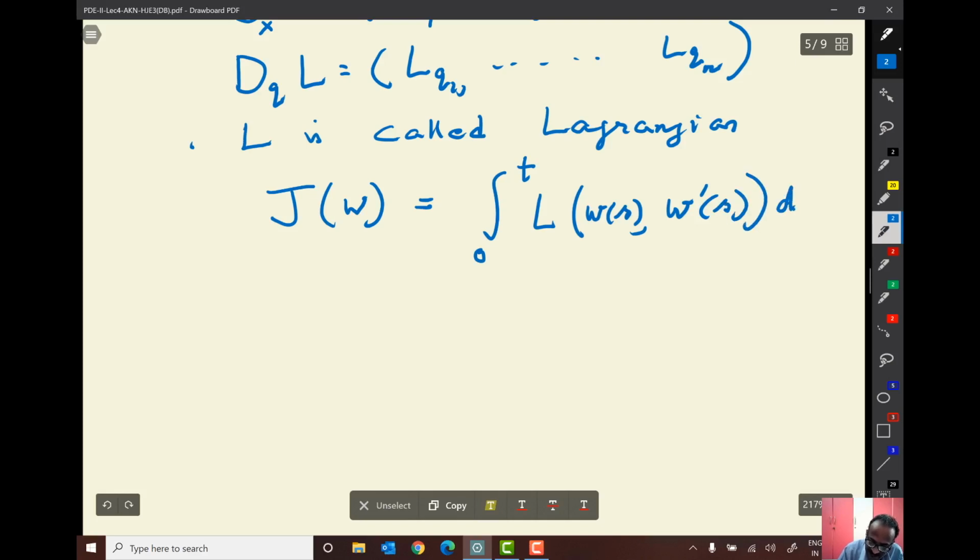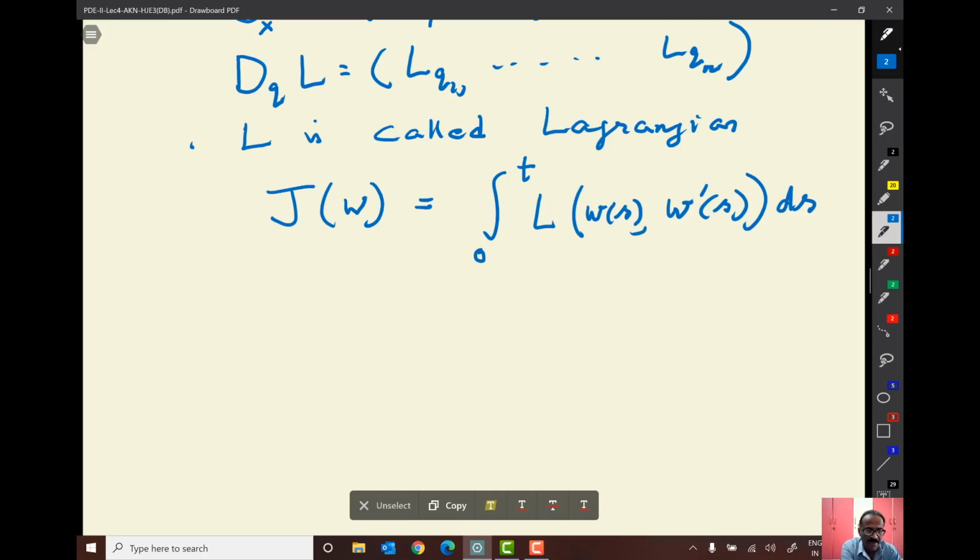In this generality I don't write the g function. You can include that cost also, the initial or terminal cost, but let me concentrate only on this part, which is more important. The other part you can add, and there is nothing wrong in adding it.